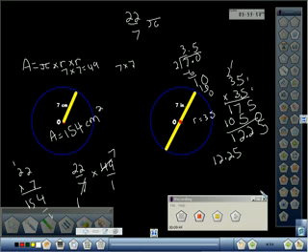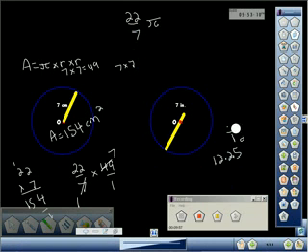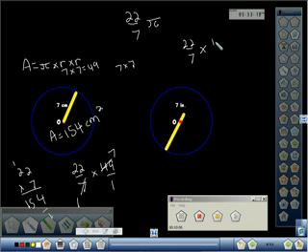But now we have to multiply that by pi. It's a fraction, 22/7. So let's make ourselves some room here. 12 and 25, I've got to remember that. We've got 22 sevenths times 12.25.